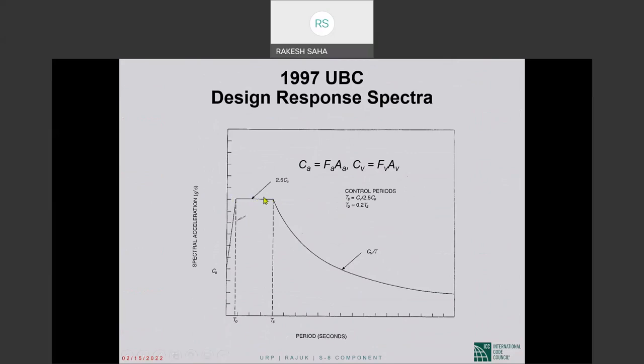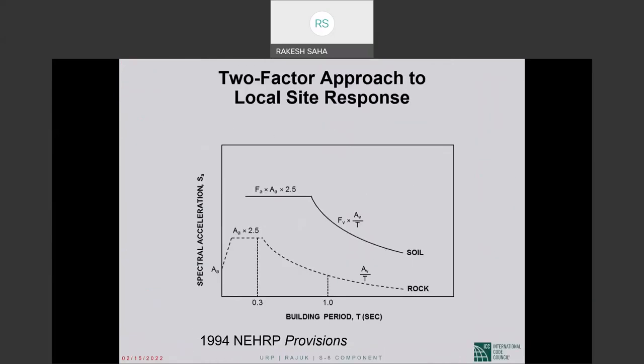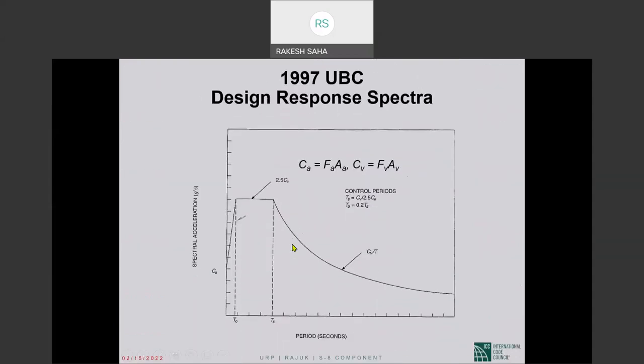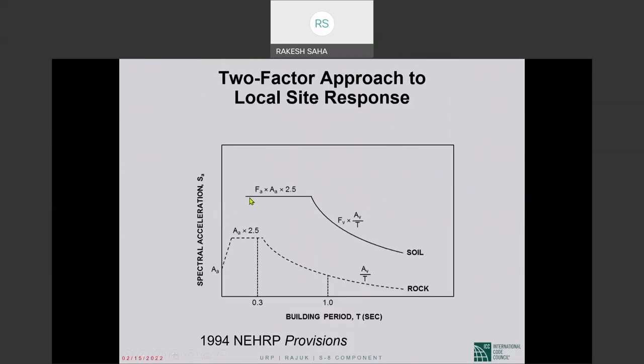So the plateau now is defined by 2.5 C sub A and the descending branch by C sub V over T. The C sub A is like F sub A times A sub A, and the C sub V is F sub V times A sub V. The 97 UBC spectrum is exactly this spectrum of the 1994 NERP provisions.